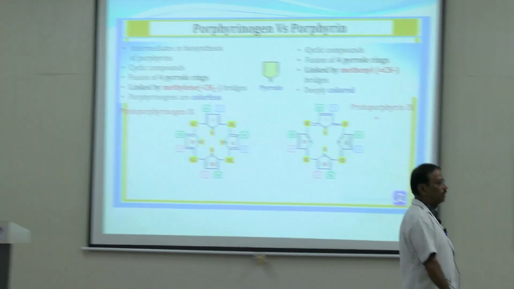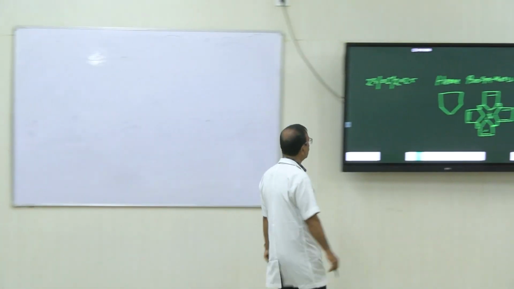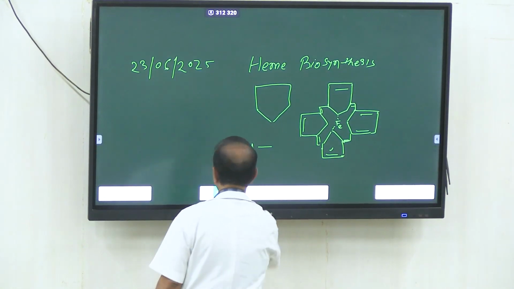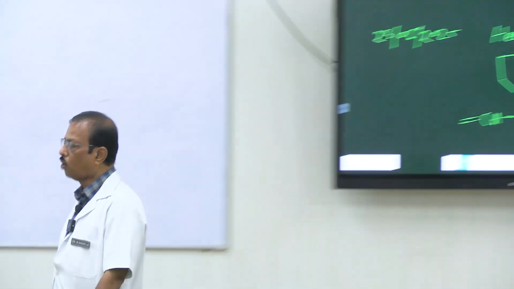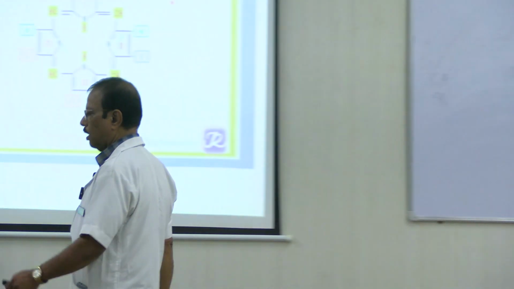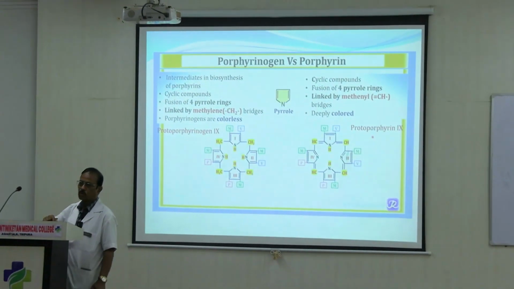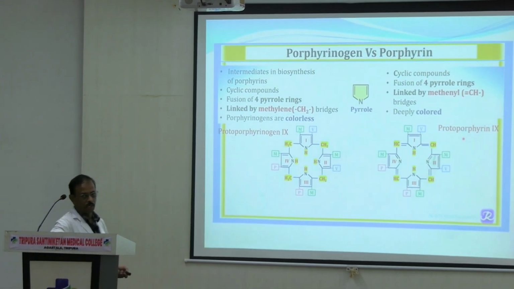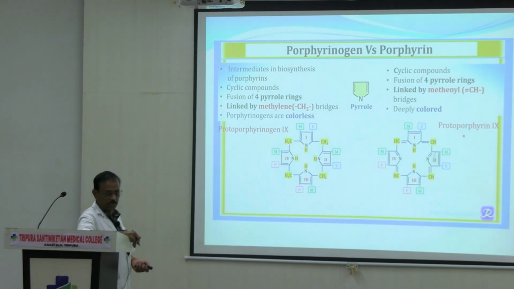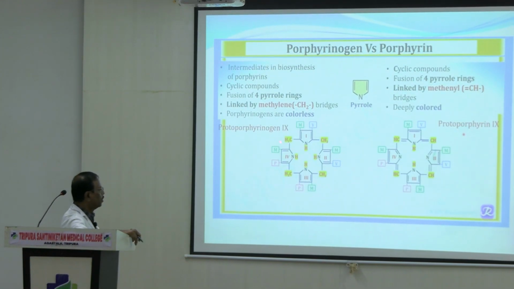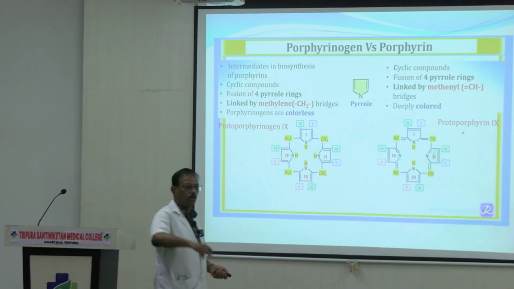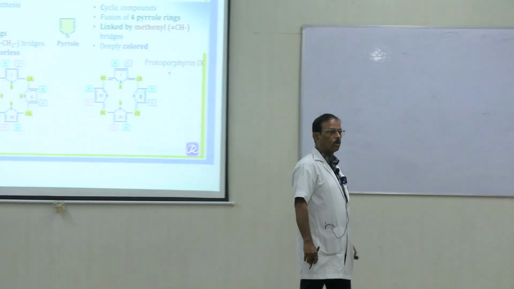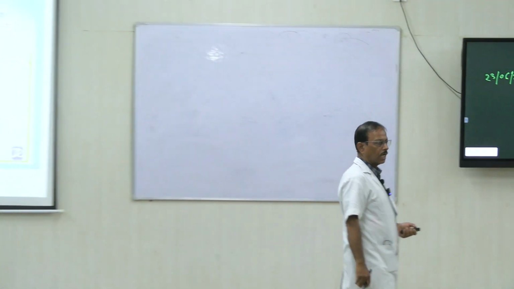So the conjugated double bonds in the pyrrole rings and the linking methenyl groups are responsible for producing color in the porphyrins. However, there is no conjugated double bond in the porphyrinogen, so they don't possess any color.